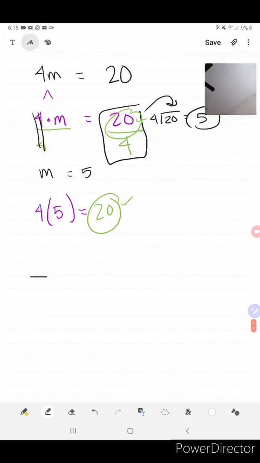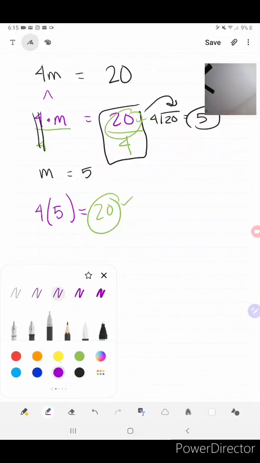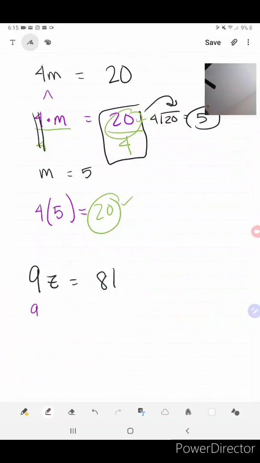If you have 9 times z equals 81. This is 9 times z. So 9 times z equals 81. So we do the opposite, which is division.